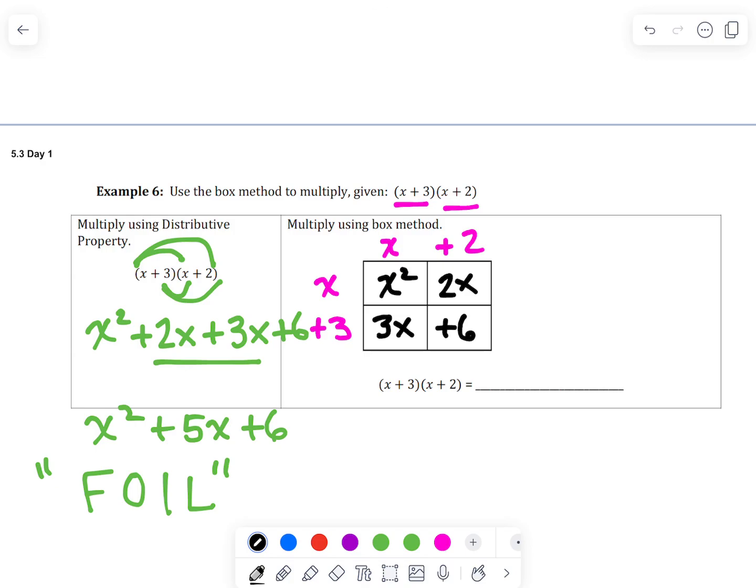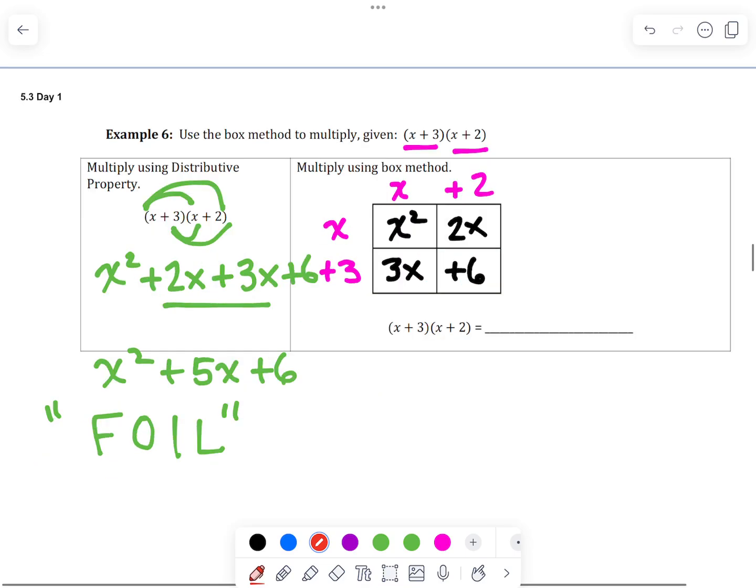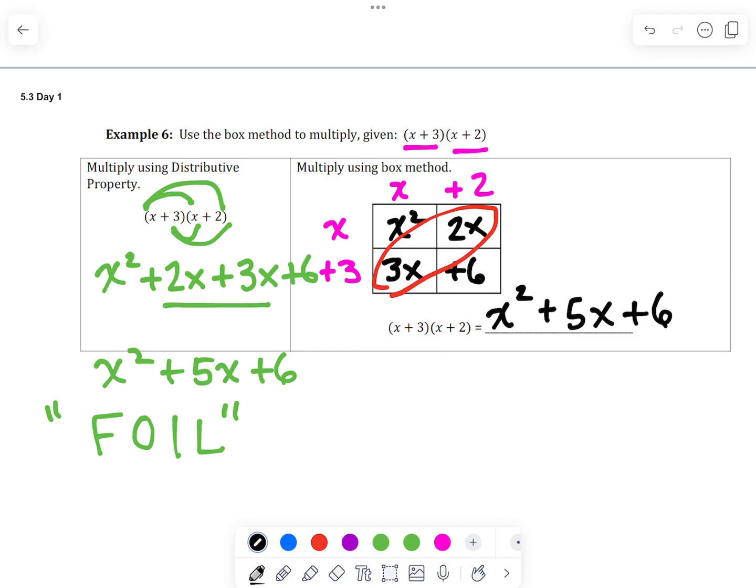And then we're going to know that these two terms are alike. So they're going to combine to give you 5x. So when we write it in simplest form, we combine those red terms to give you 5x and then plus 6. Knowing this box method is going to help us when we get into factoring our quadratics that our a is not equal to 1.